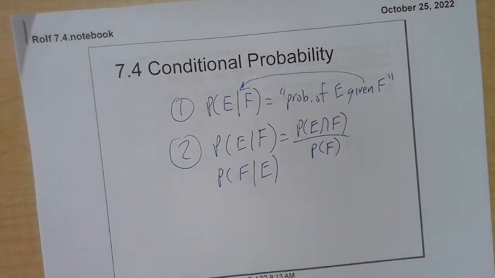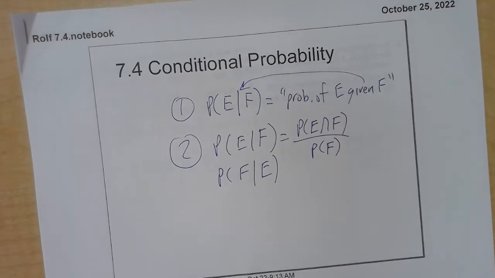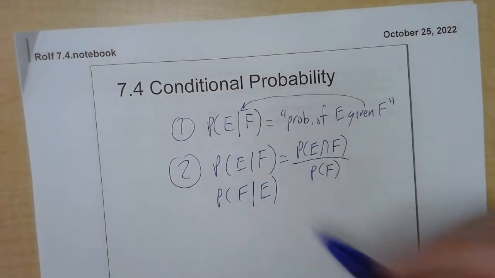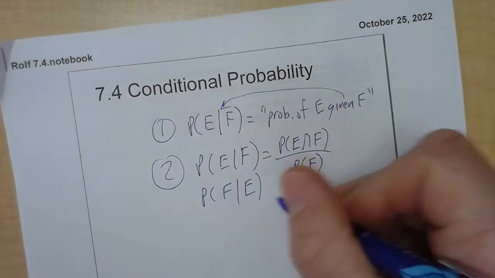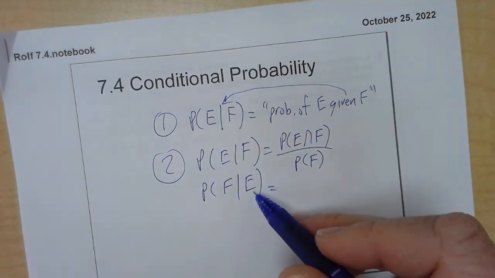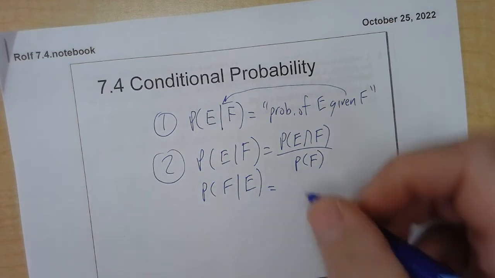I believe E is like event, so probability of the event, and then F is the next letter in the alphabet. So it's the probability of this event given this event, right? And if it's this way, the E is second, so it goes on the bottom.